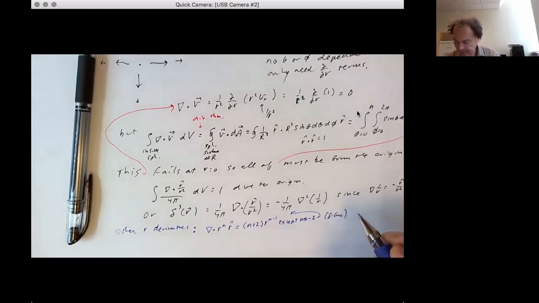And so that's the divergence of interest. You actually can write that down.